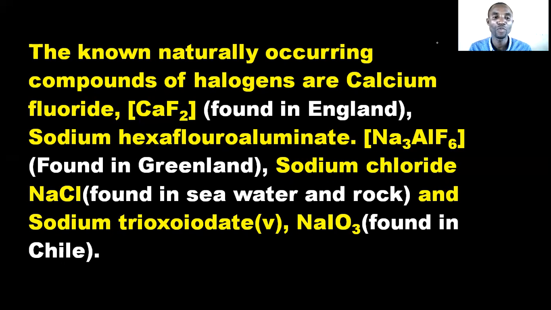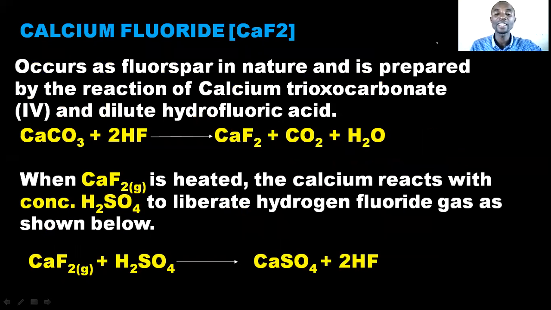Calcium fluoride has been found in England, sodium chloride is found in sea water and in rock, and sodium iodate is found in Chile. Let's take them one after the other.